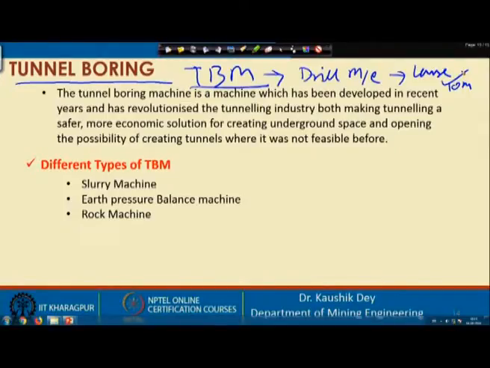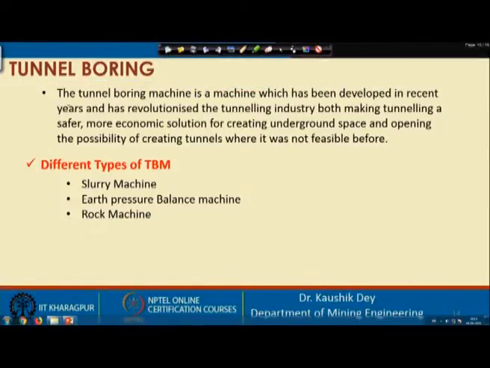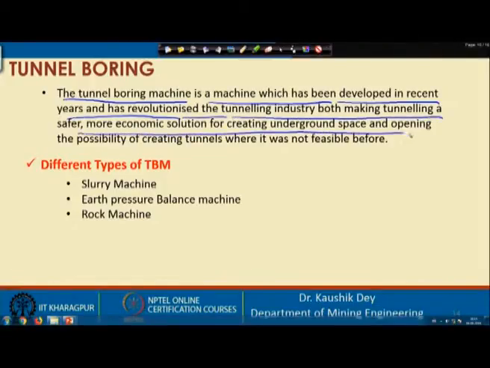And you can see that TBM is a machine which has been developed in recent years, that has revolutionized the tunneling industry, making tunneling an economic solution for creating underground space.